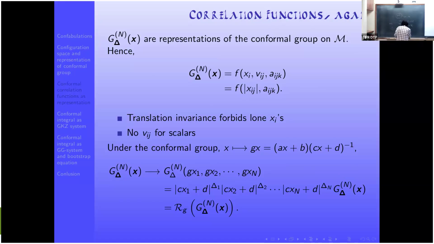Let me mention that the place I'll be using this is for cross ratios. The cross ratios are ij, kl, ik, jl, so these are basically two A's. That's why I wanted it there. Is the conclusion that the correlation function should be a function of cross ratios times some weight factor?